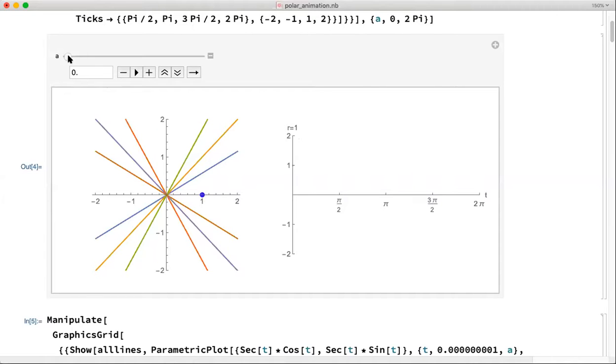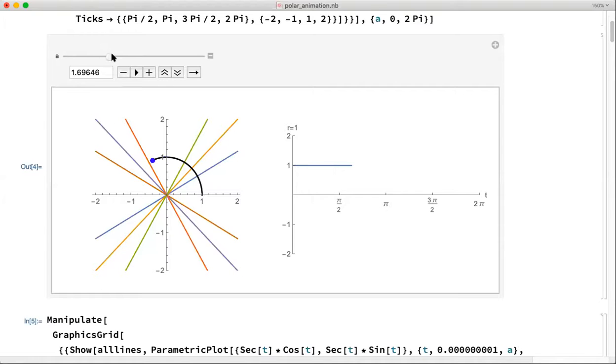Watching the blue dot, the angle just got to pi over 6. It just got to pi over 4. It just got to pi over 3. Let me stop right here for a second. The angle got to pi over 2. So that's what this picture is showing you over here: as the angle changes from 0 to 2 pi, what's the radius doing? Well, it's just staying equal to 1.